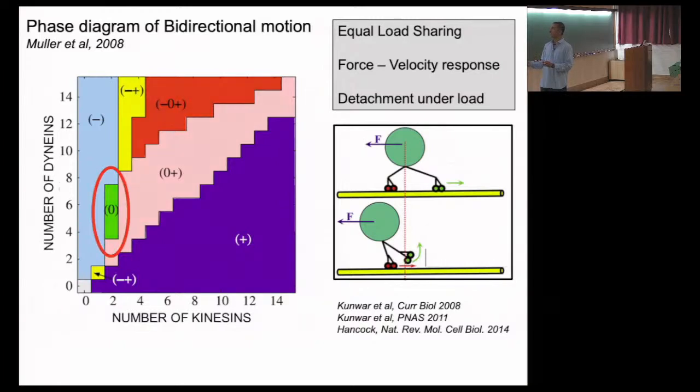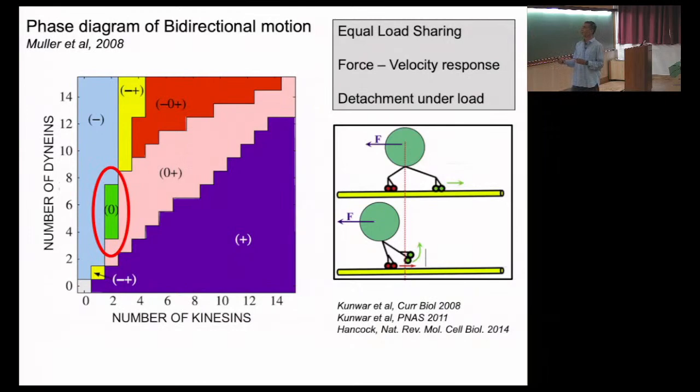These different colors are where you can have only plus directed motion. That's what you were asking. I will come to more experimental demonstration of this later, or a mix of plus and minus, where you have bidirectional motion, or all kinds of possibilities, and a situation where you have a state where you pause for some time. Zero is where you are not moving or barely moving, depending on what your experimental resolution is.